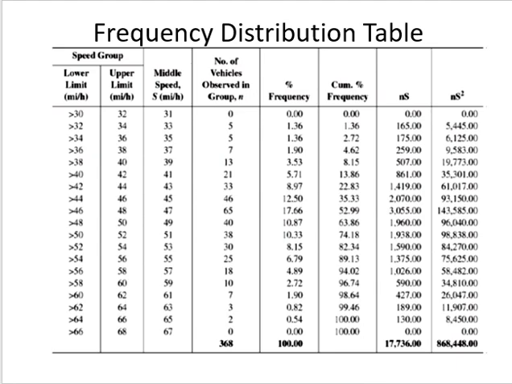Remember this column? So summation of the n into s column divided by the number. This is called weighted average. The one which you are seeing is a simple average.